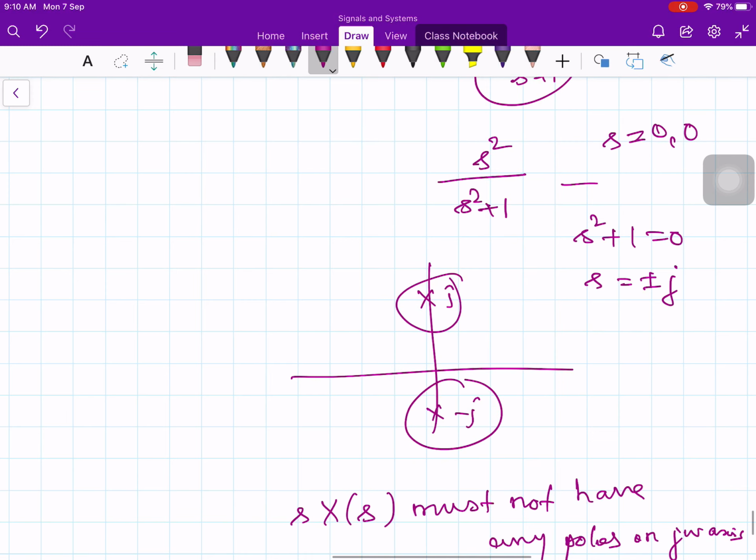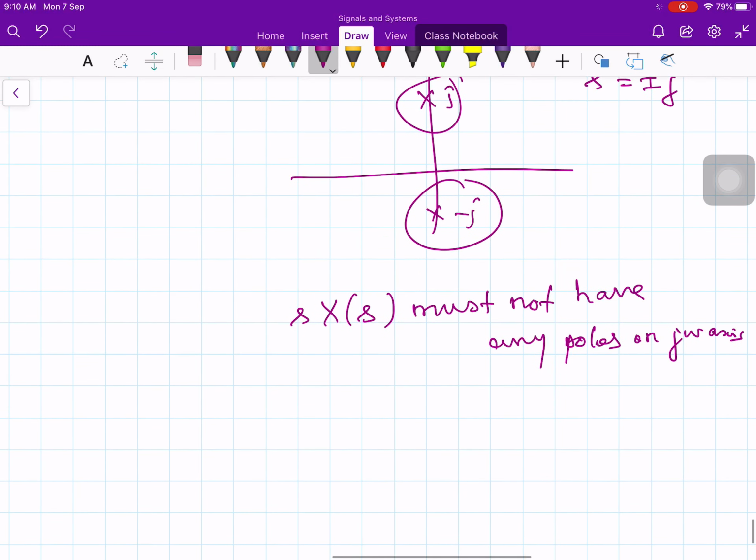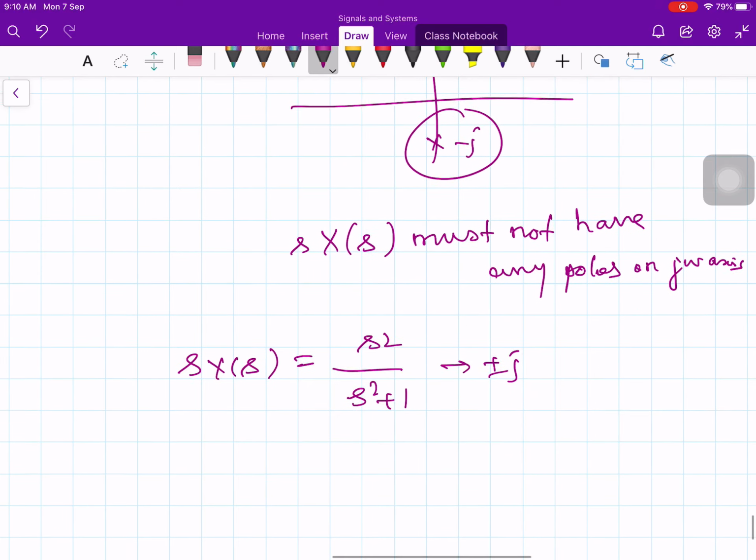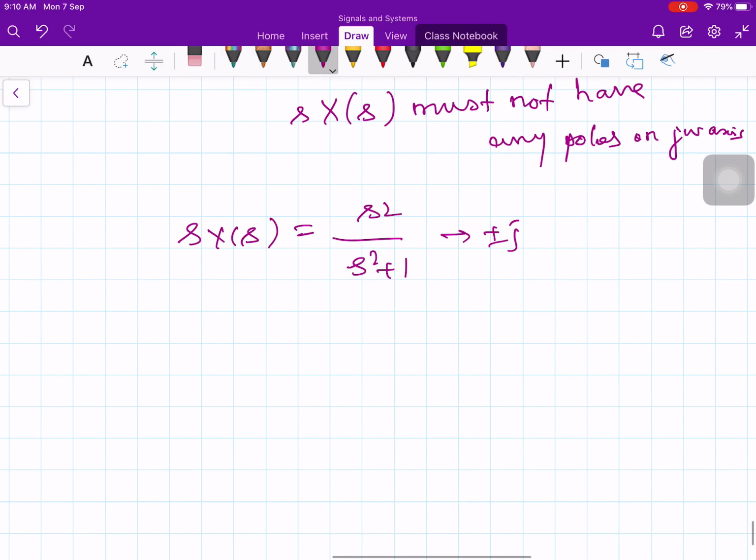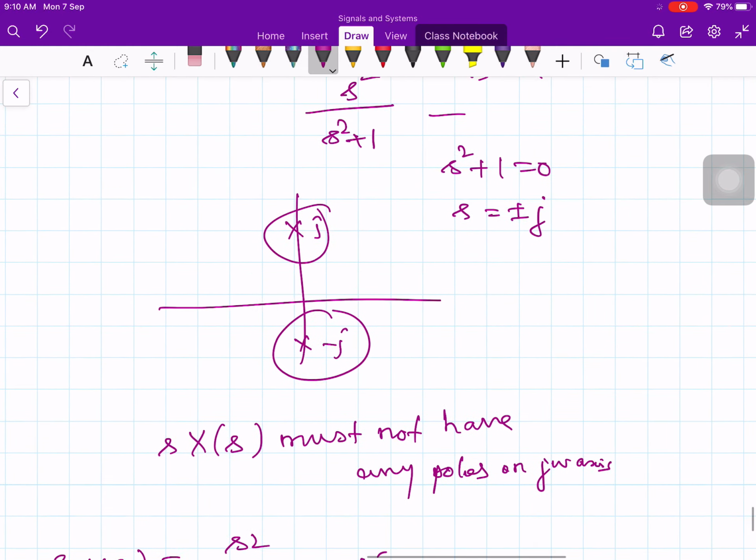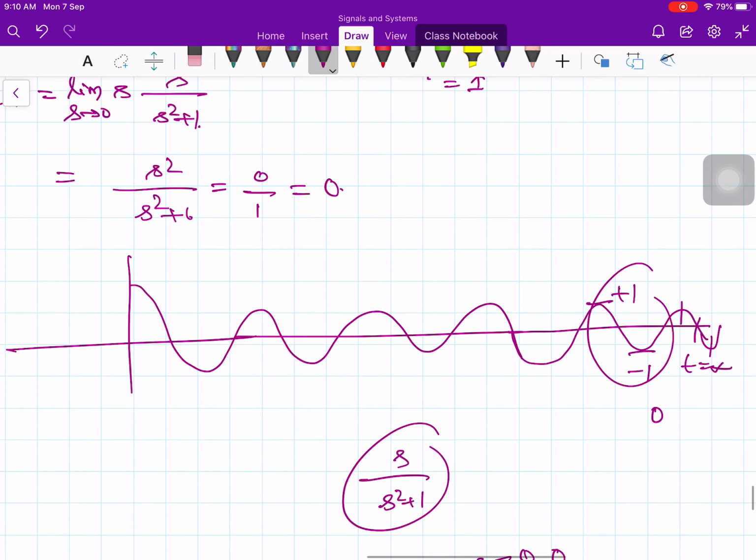So s times x of s equal to s squared divided by s squared plus 1 has poles at plus or minus j, and therefore the theorem does not apply. Whatever limit you get may or may not be true. Sometimes if you apply it, you may get some other value.